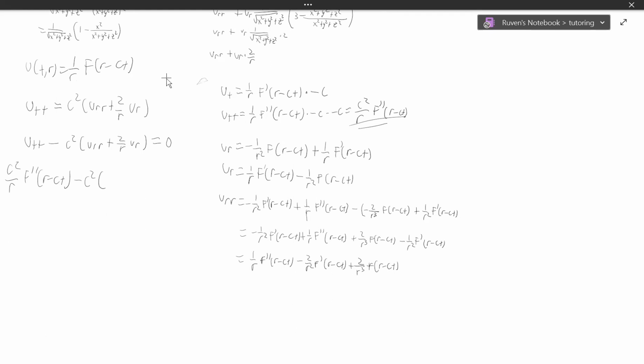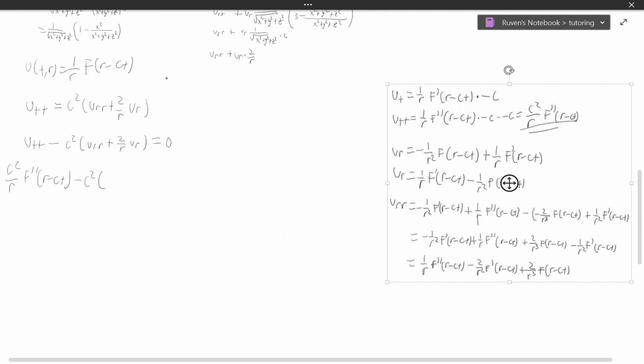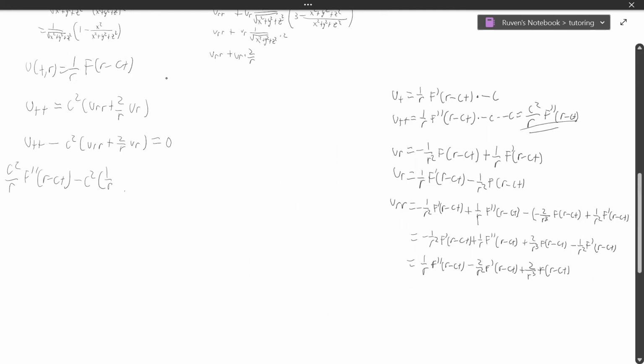I'm just going to move all of this over so I have space. I'm going to be scrolling back and forth to see what I actually wrote. So u_rr is going to be equal to 1 over r f''(r minus ct) minus 2 over r squared f'(r minus ct) plus 2 over r cubed f(r minus ct). And you can already kind of see that things are going to cancel out. So this one will cancel out with this one.